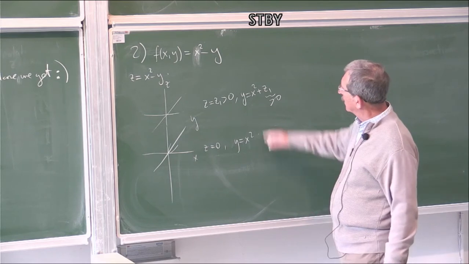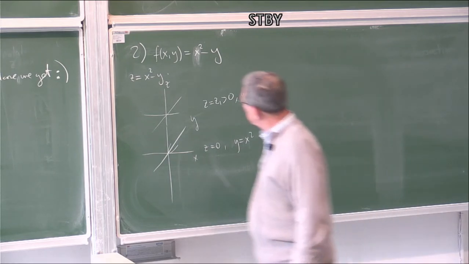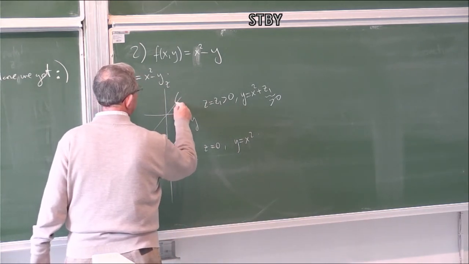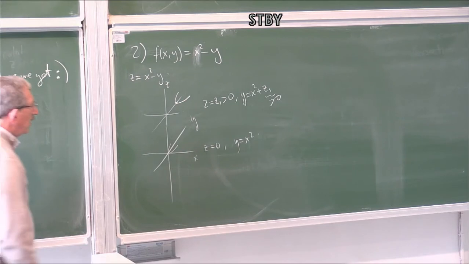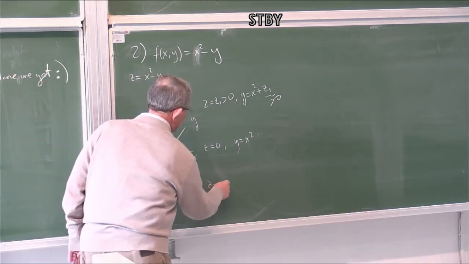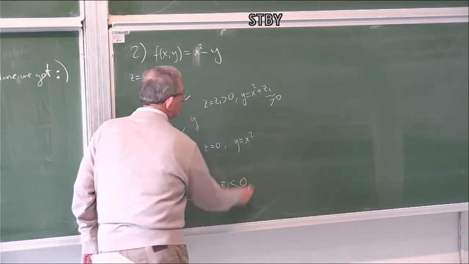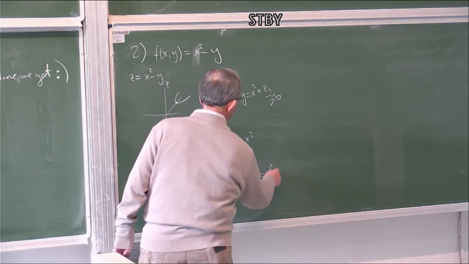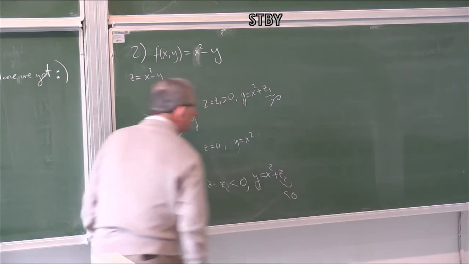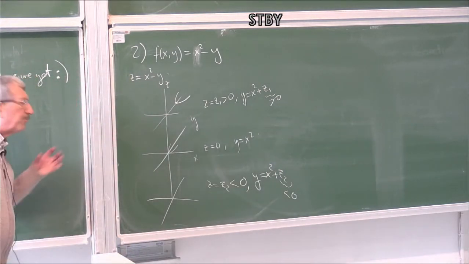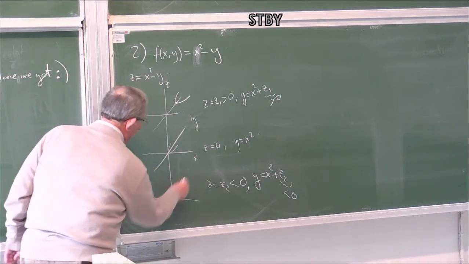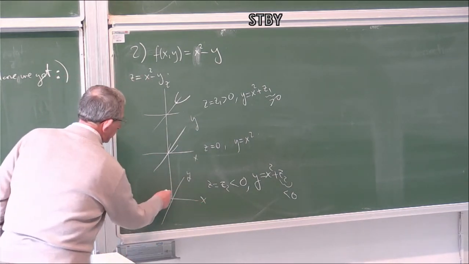Because you raise your y a little bit, so it will be something like this. On the other hand, if you go down, if z is z2 and it's negative, then y is x squared plus z2, but this is a negative number. So you are pulling your parabola down a little bit, along the y-axis. So it would be something like this.